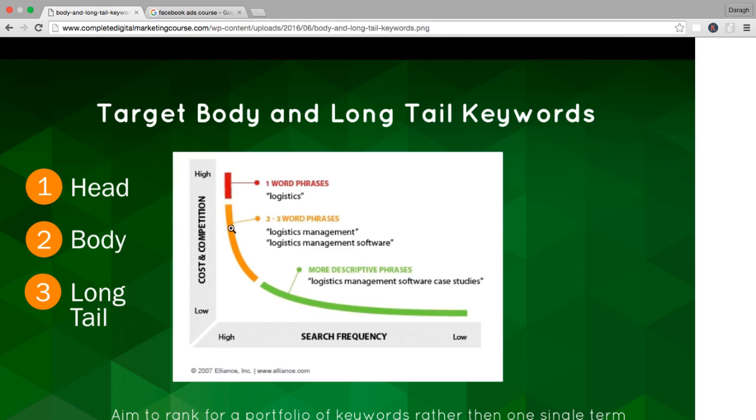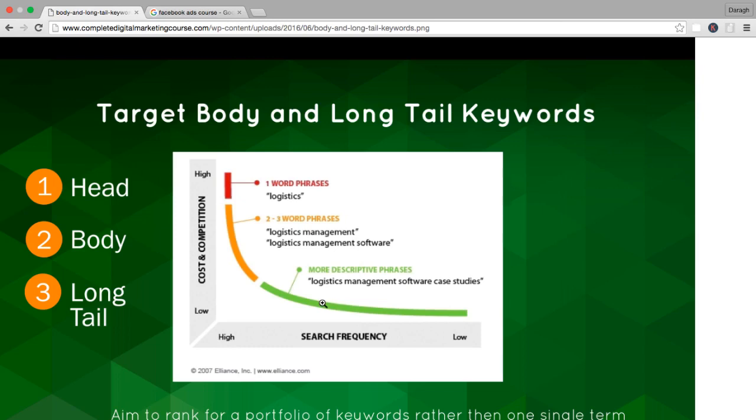They're moving down this side, and the search frequency can be a little bit less too. Because they're more specific, the search frequency is less, but they're also less competitive. And then out here we have the long tail keywords, something like "logistics management software case studies". Obviously there are going to be fewer searches for that because it's more specific, but it's also much less competitive.